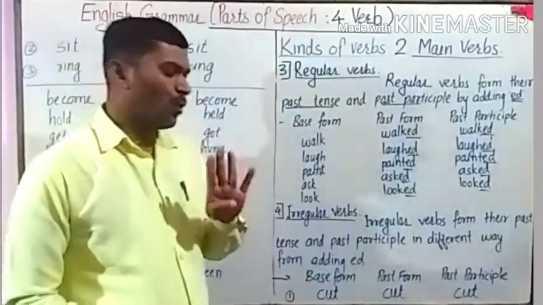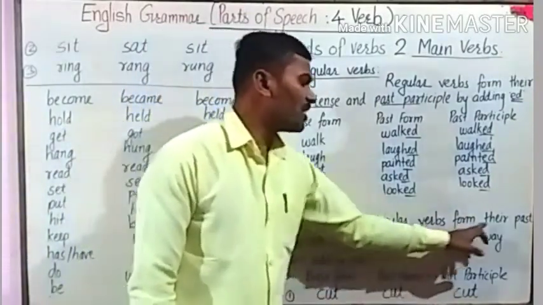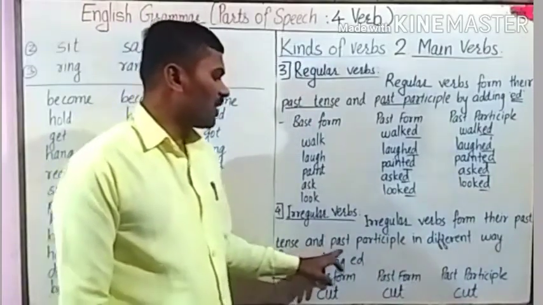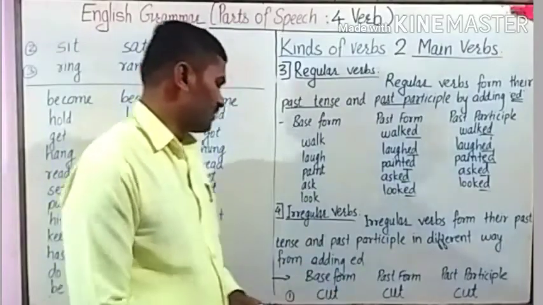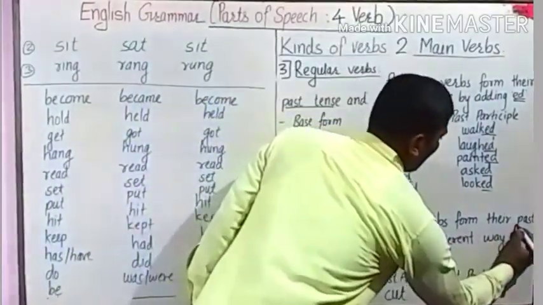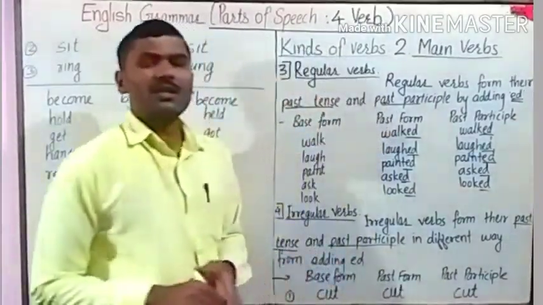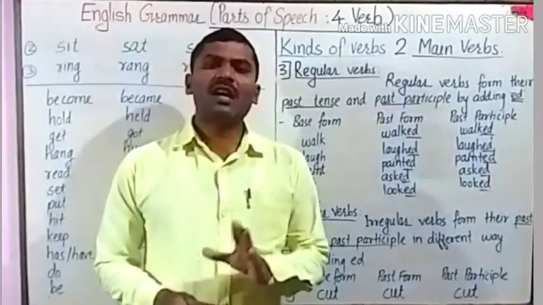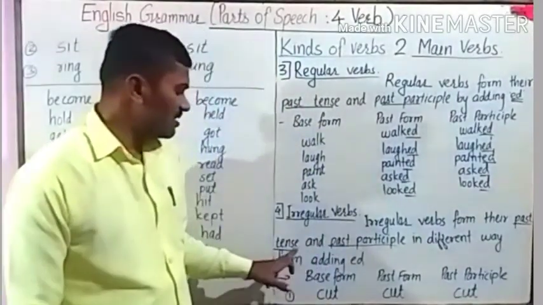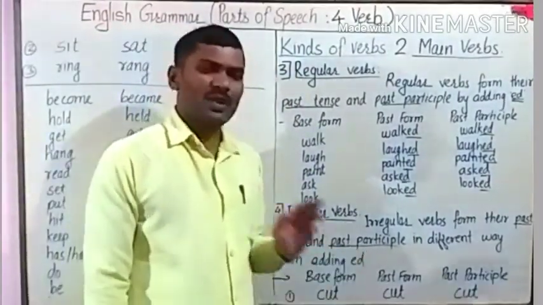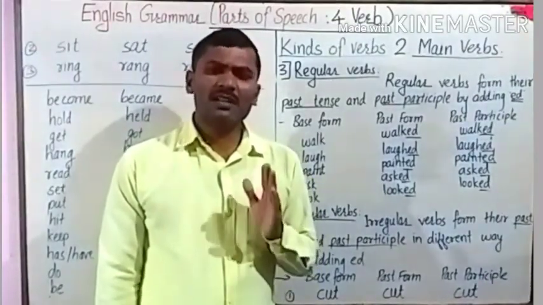Number 4, irregular verbs. Irregular verbs form their past tense and past participle in a different way from adding ed. Irregular verbs are those which do not follow the ed pattern to make their past tense and past participle forms. They are different because they are irregular.